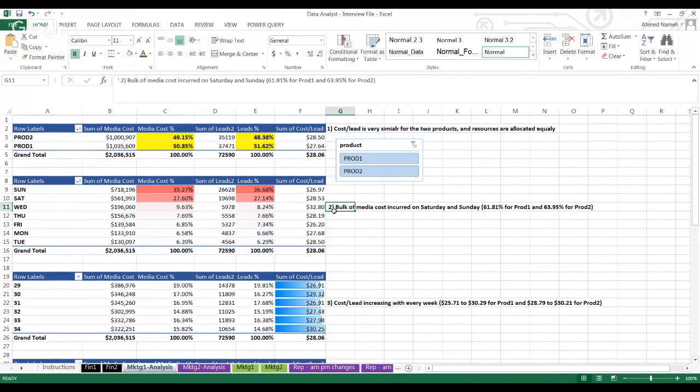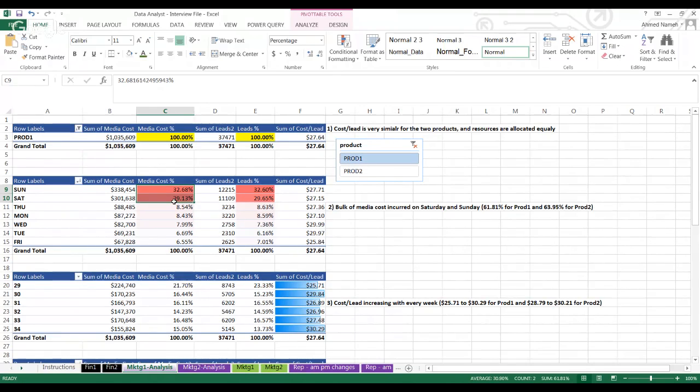Another trend that I noticed is that most of the media cost is incurred on weekends, Saturday and Sunday. For both products, about 63% of the media cost, and 64% of the leads, were generated on Saturday and Sunday. If you look at each product individually, you'll notice a similar pattern. 61% here for product one, media cost, 62% of the leads generated.